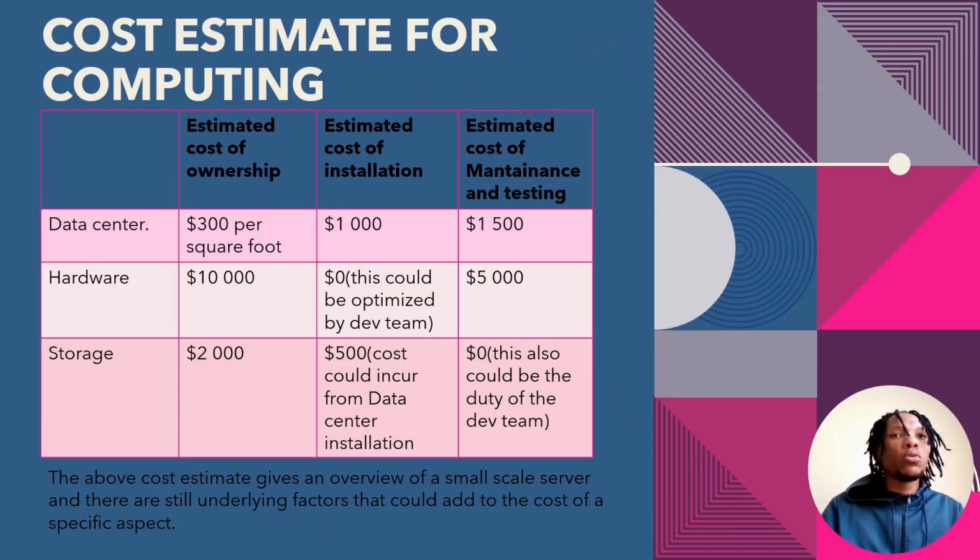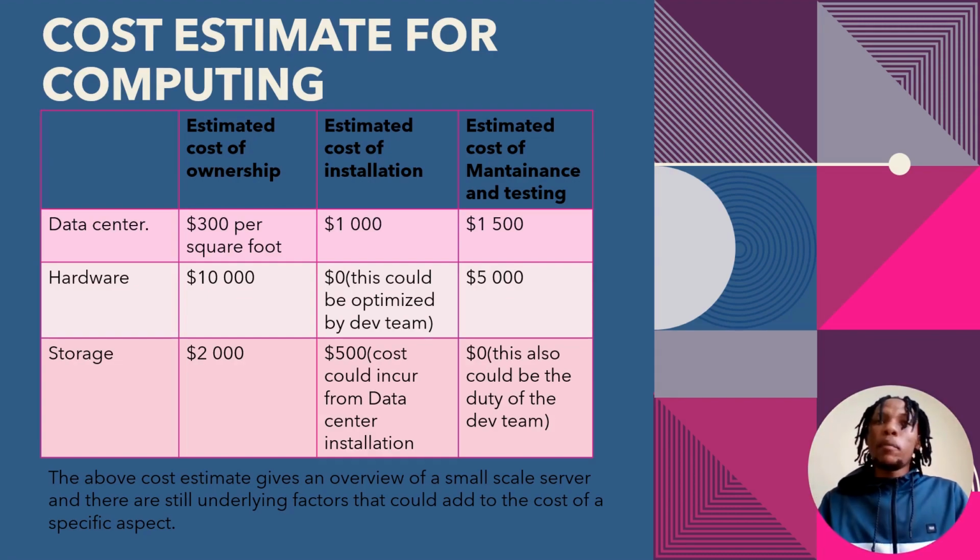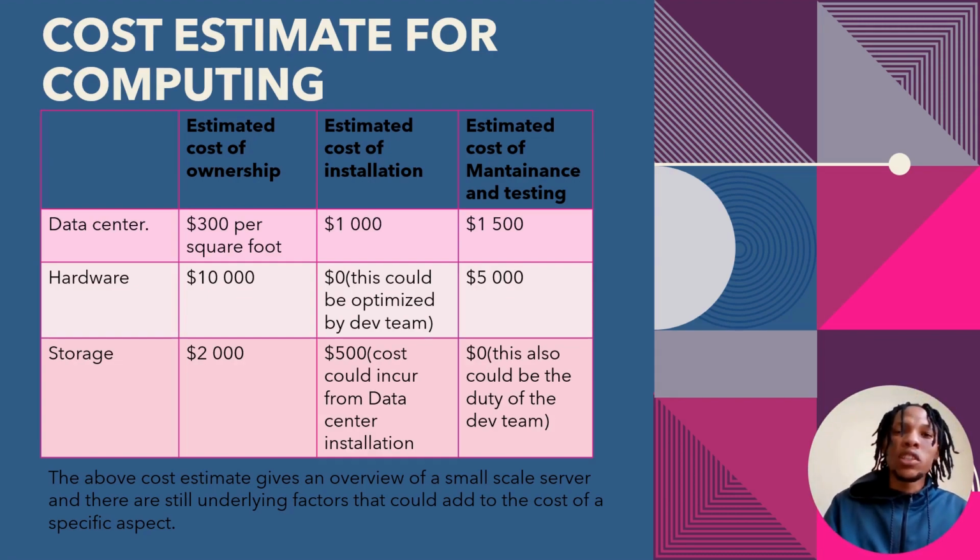So next, we'll go through the cost estimate for computing if one were to establish their own computing resources without them being provisioned by Wheaton Code. As you can see from the table, these are just brief estimates. The above cost estimates give an overview of a small scale server, and there are underlying factors that could also add to the cost of a specific aspect.